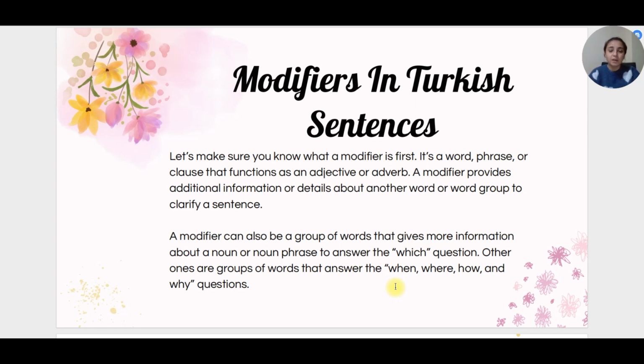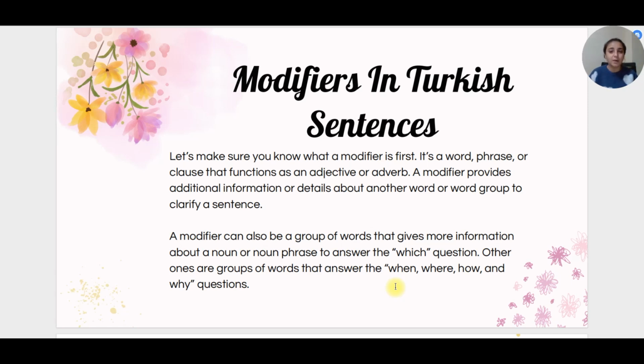A modifier can also be a group of words that gives more information about a noun or noun phrase to answer the which question. We say hangi, which. Other ones are groups of words that answer the when, where, how, and why questions.